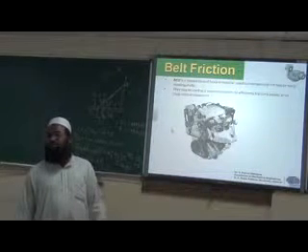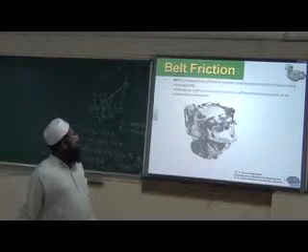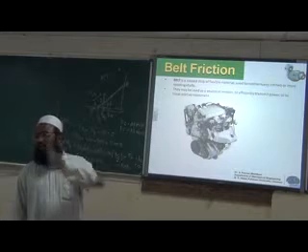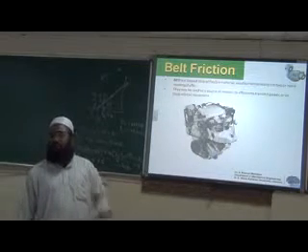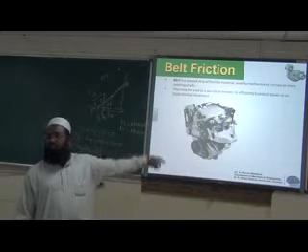We have timing belts. We have a belt connecting the camshaft and the main shaft. In the starter motor, there is a belt. The AC compressor is connected with a belt. So belts are used in many locations in a single engine. There are many belts.